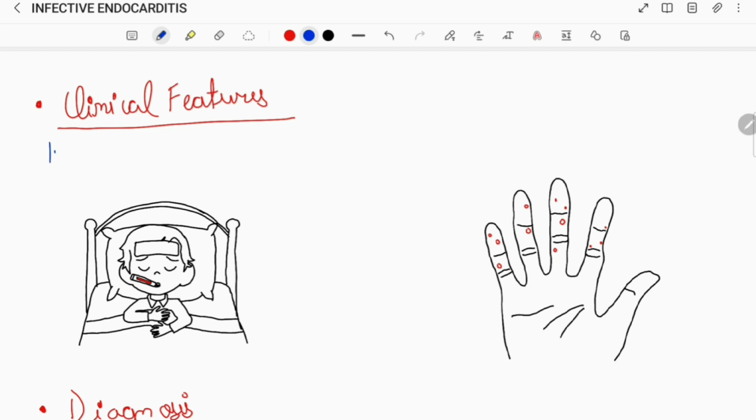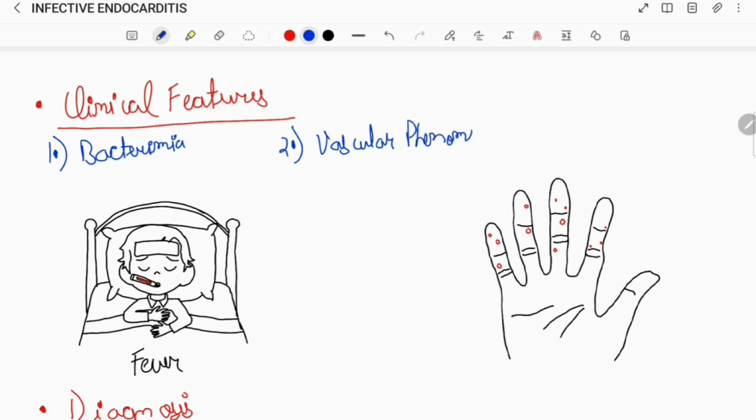First, features suggestive of bacteremia, and for that the most common feature is fever, which can be associated with chills or rigors. Second, we have vascular phenomenon, which can include a peripheral or systemic embolization.